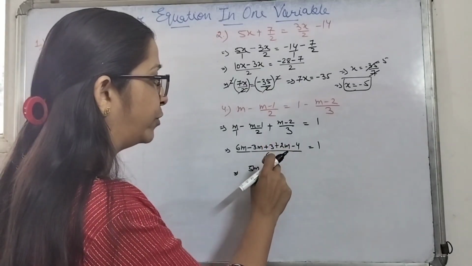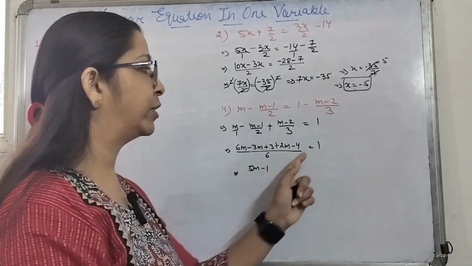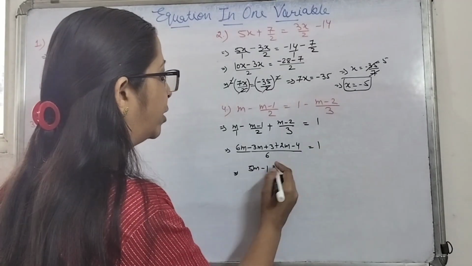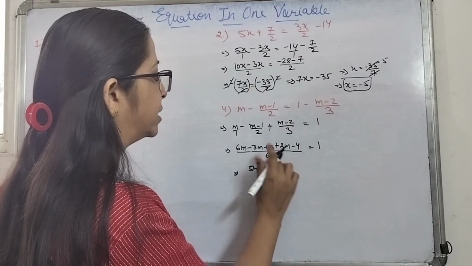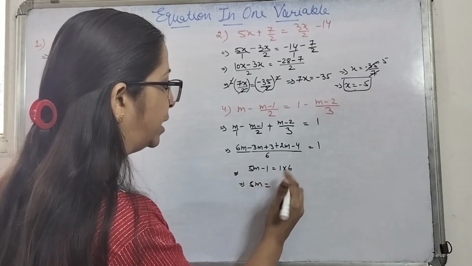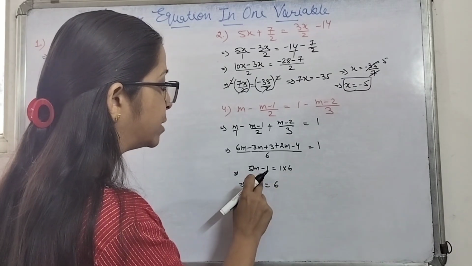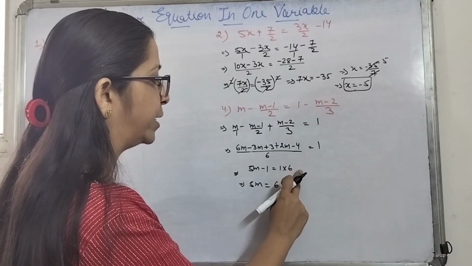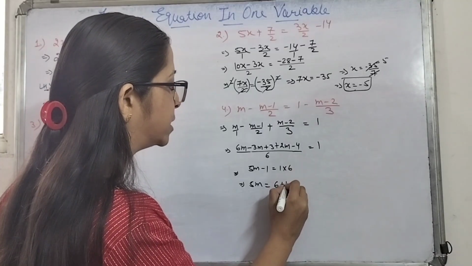Now this 6 is in division, so when we transpose it, it will go in multiplication. So it will be 1 multiplied by 6. So 5m is equivalent to 6. When this minus 1 is transposed to the RHS part, it will become plus 1.